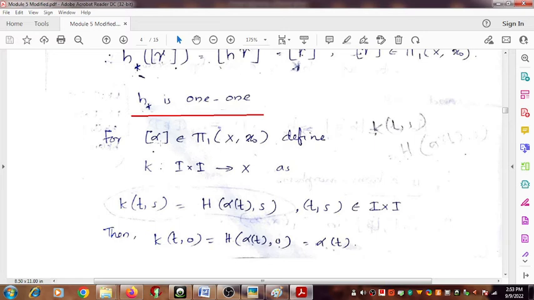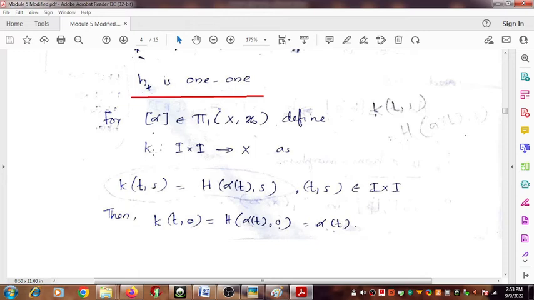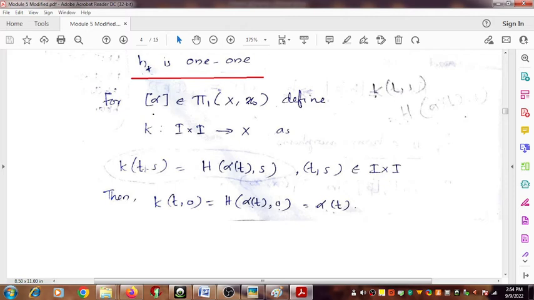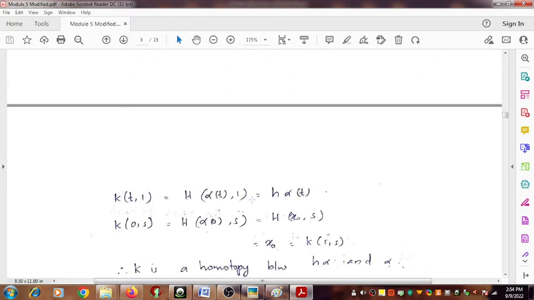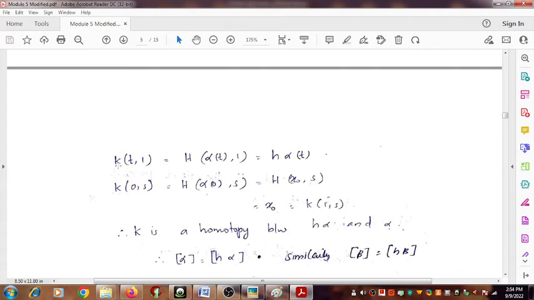We define k: I × I → X as k_t(s) = k(t, s) = h(α_t(s)), where (t, s) belongs to I × I. If this is the definition we accept, then we can write that k(t, 0) = h(α_t(0)) = α(t), and we also have k(t, 1).